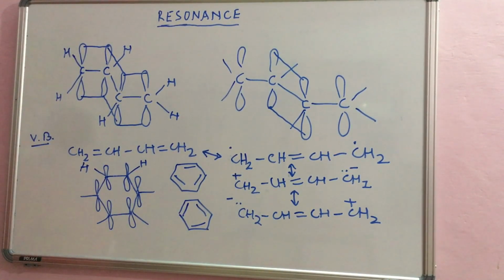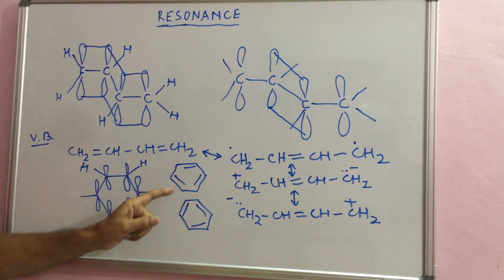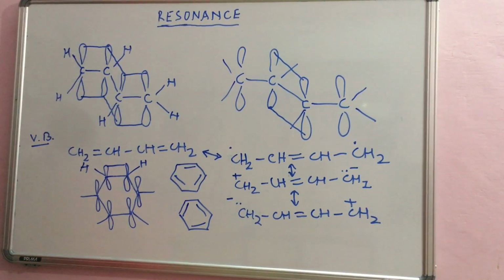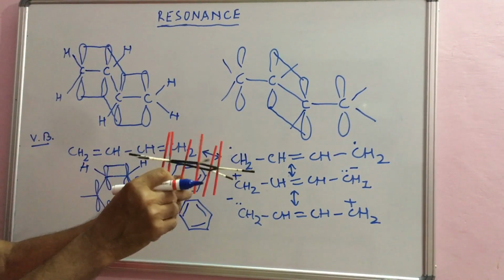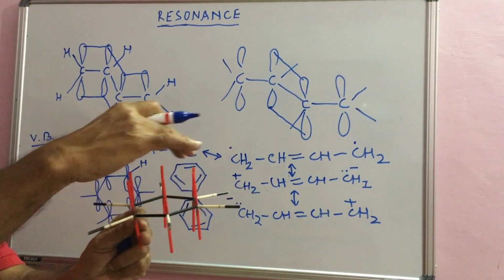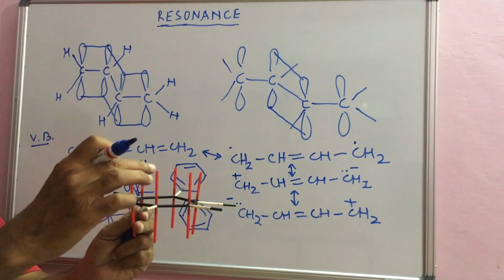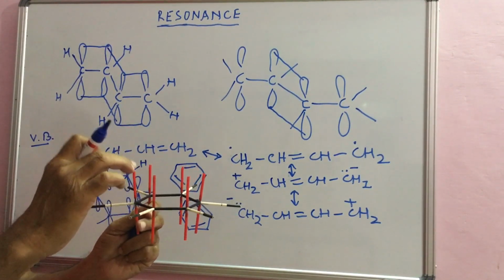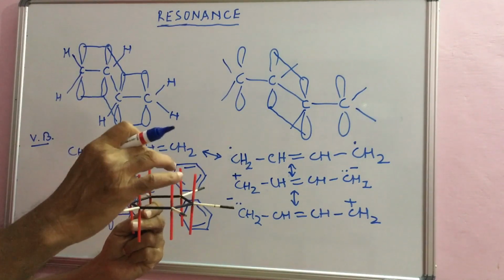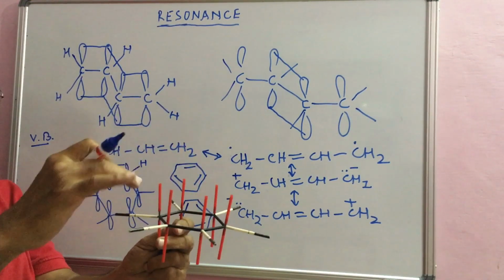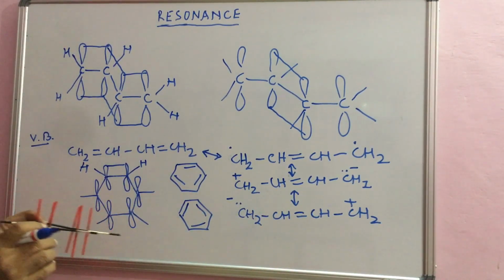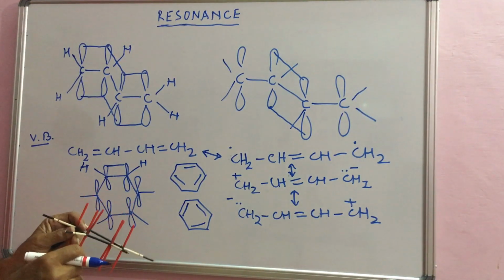So, we will say that none of these is a complete picture, but actually see this benzene molecule, p orbitals are standing, all these p orbitals parallel to each other, and each orbital has 2 p orbitals parallel to it. So, this overlaps on both sides, this on both sides, and a total overlap takes place, and this forms delocalized pi bonds.